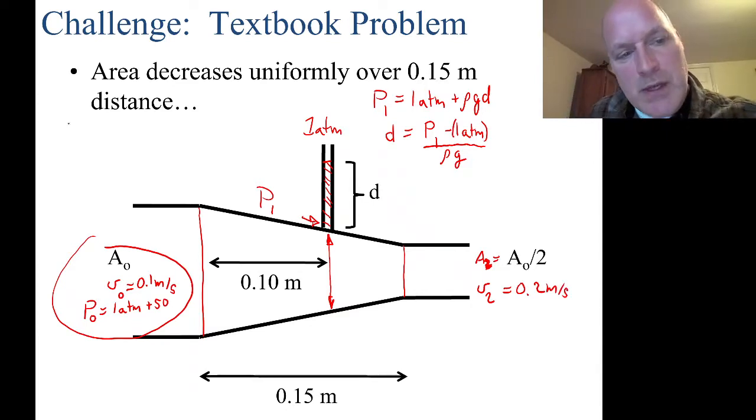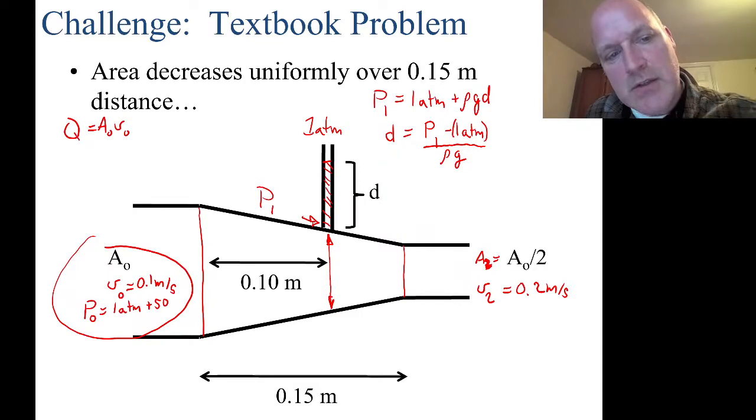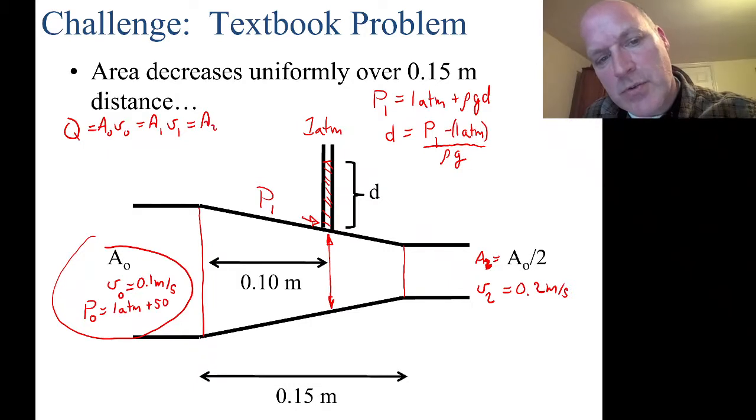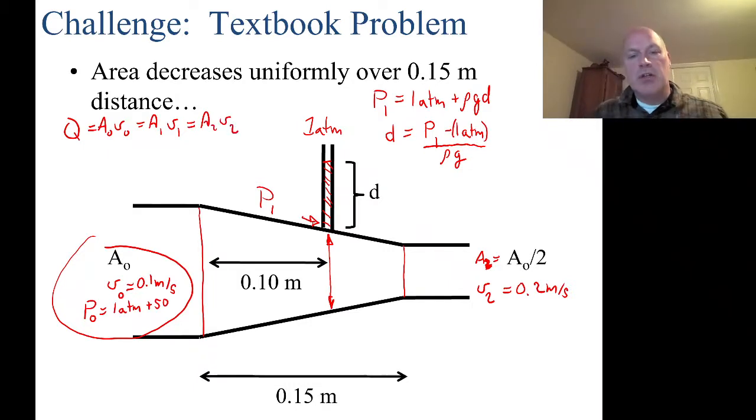Because we know that Q is equal to area naught, velocity naught, which is equal to area 1, velocity 1, which is equal to area 2, velocity 2, all the way through. And if the area gets cut in half, the velocity gets doubled. So that's great. We know that.